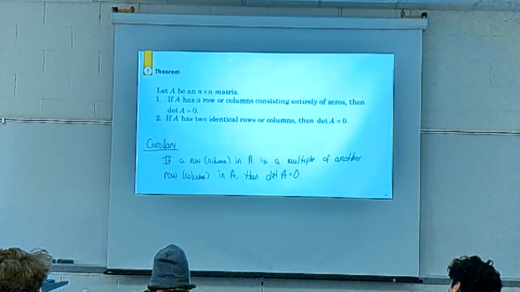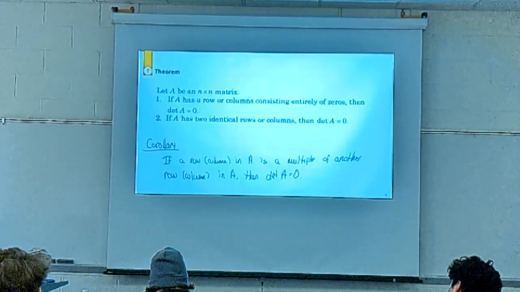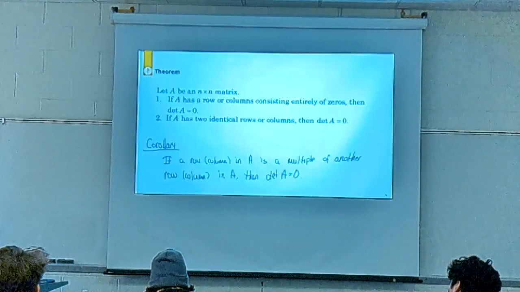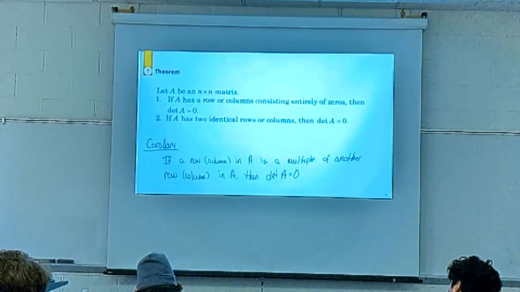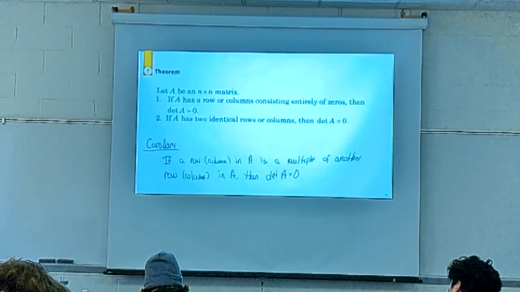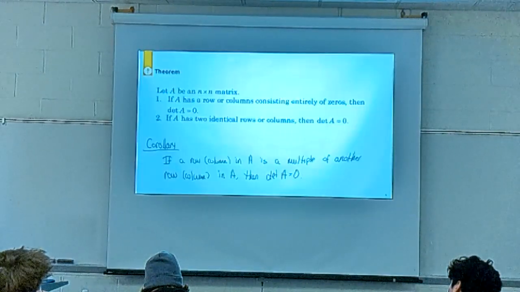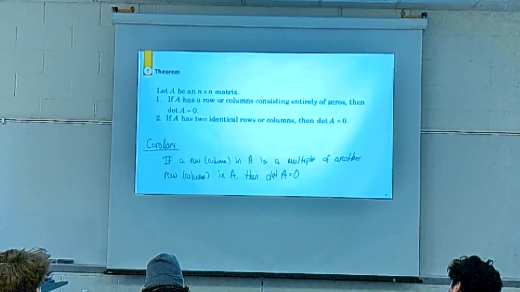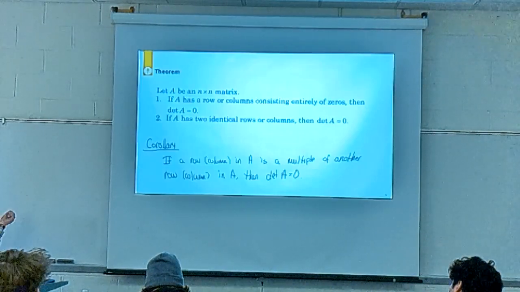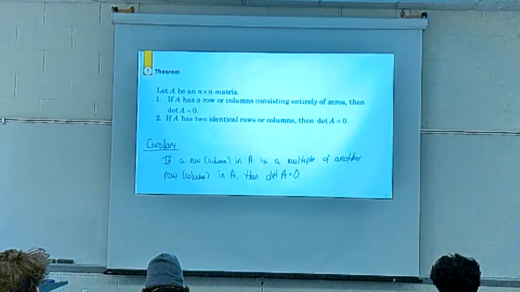Right, so that's what I mean, you want to mix your techniques. If you notice, oh look, I have a column of all zeros except for one, do cofactor expansion, reduce the size of the determinant, and then go from there. Who knows, maybe you get lucky, and you find the determinant you're left with has a row that's a multiple of another row, and then you go, I'm done. Determinant 0. I'm happy.